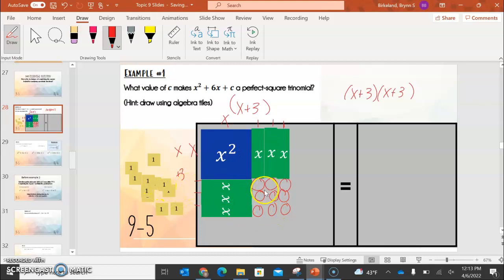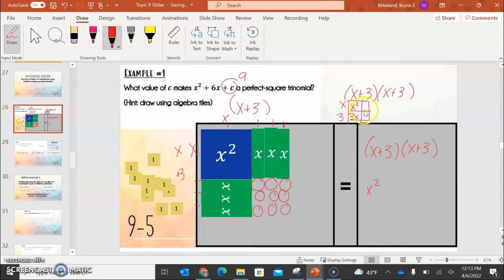Now I could drag these all over here, but for time's sake, we would want 9 of them. So all this question is asking is what number should go here to have a perfect square? We would say 9. And that would give us x plus 3 times x plus 3. If we were to multiply that out, say with our generic rectangle here, we would get our x squared from x times x.